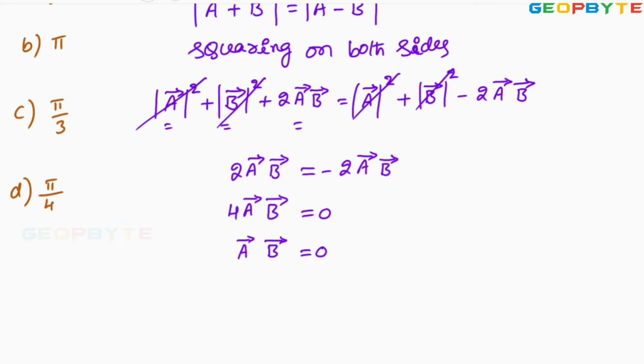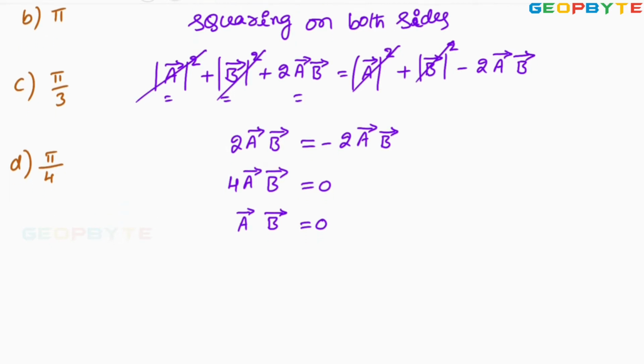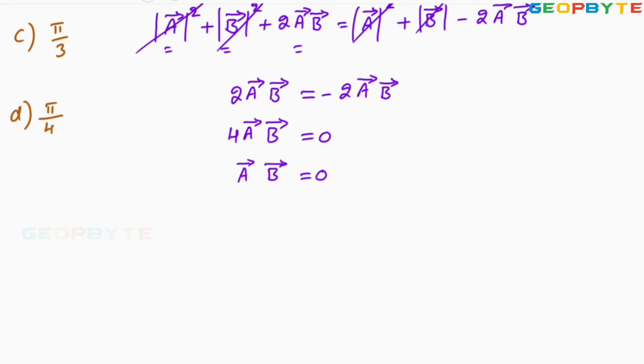If the vector product of two vectors is equal to 0, you know that those two vectors are perpendicular to each other. So the conclusion is, vector A is perpendicular to vector B.